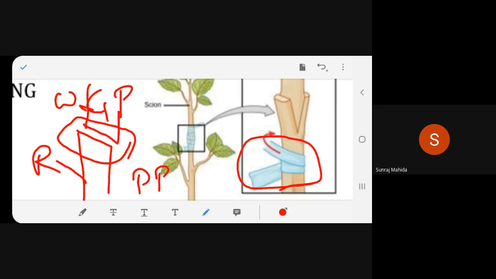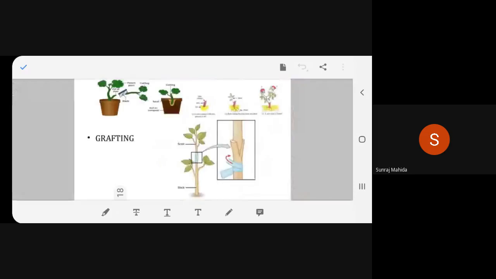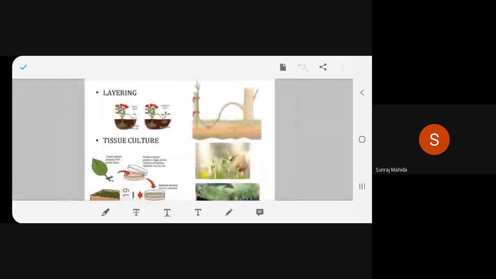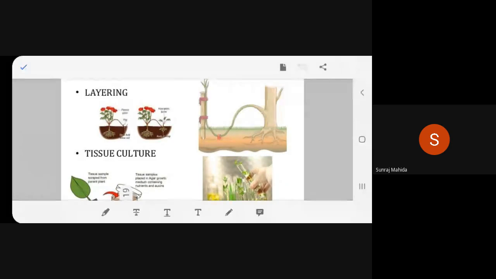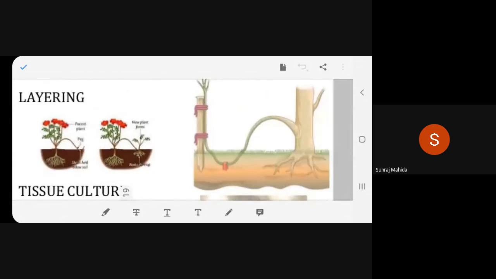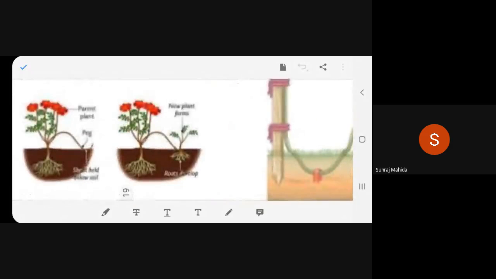Any problem? No, ma'am. Okay. Cutting, grafting over. Now we come to layering. You see this over here. They have taken one branch and put it in the soil.